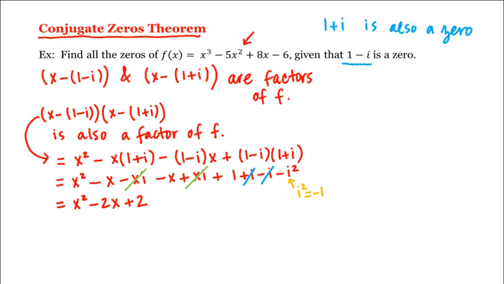So this is their product. And because this product is a factor of f, that means that f of x is equal to this x squared minus 2x plus 2 times some polynomial q of x. And we can find q of x by dividing f by this.